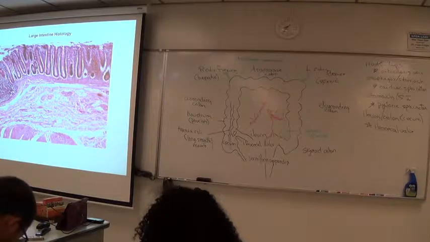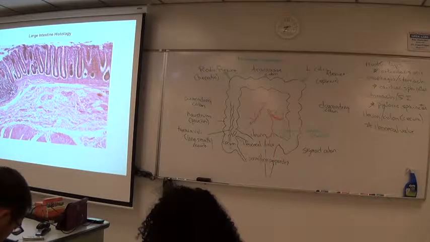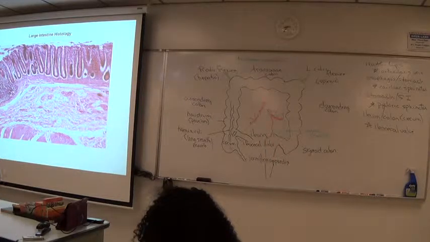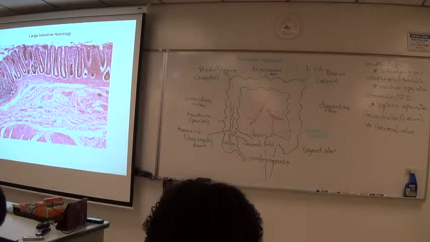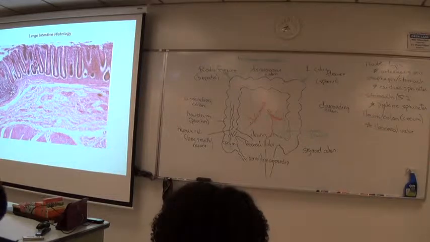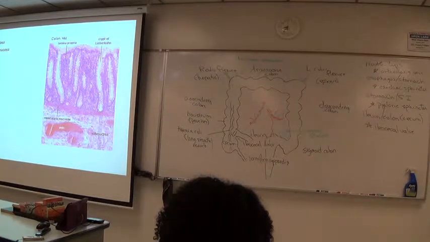So now we lose the villi, we lose the gastric pits, and in the large intestine and the rectum, we just have intestinal glands. No other specializations. So take a picture, if you want to, of the large intestine structure of the colon, and we'll look at the histology.